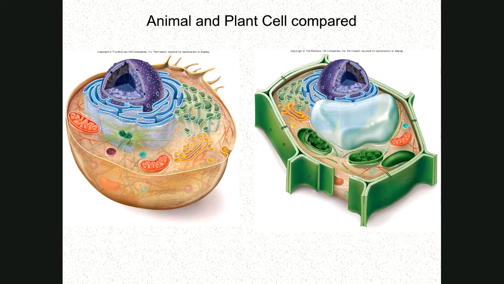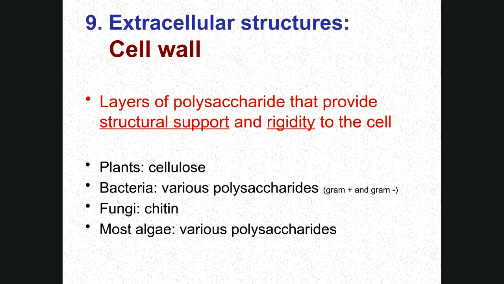So if you study microbiology, it will come back, because depending on the polysaccharide that exists in their cell wall, some bacteria can be gram-positive or gram-negative. For fungi, it's called chitin, and most algae also have it. This is where the cell wall exists.